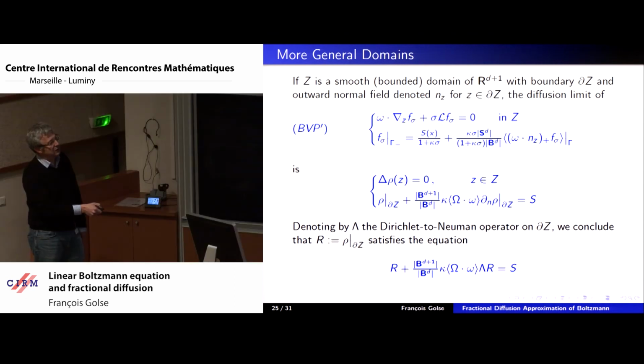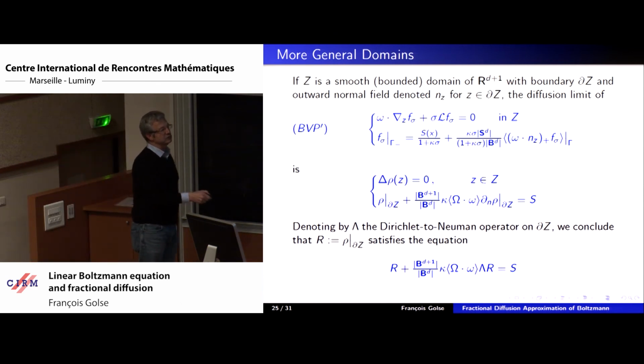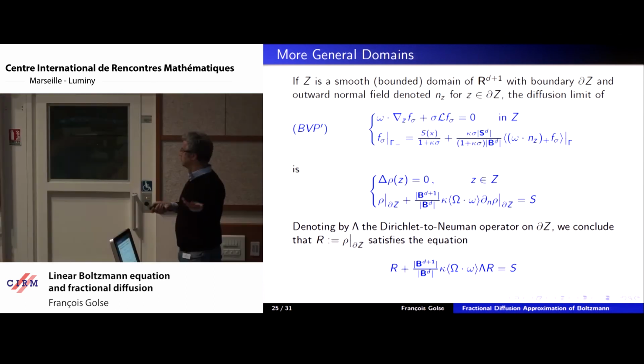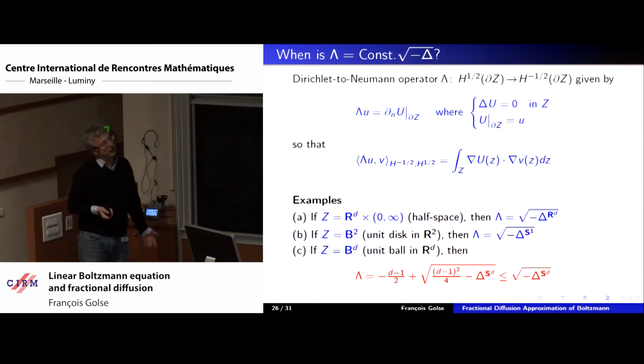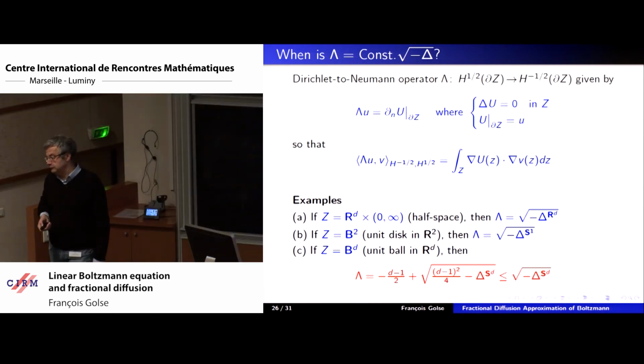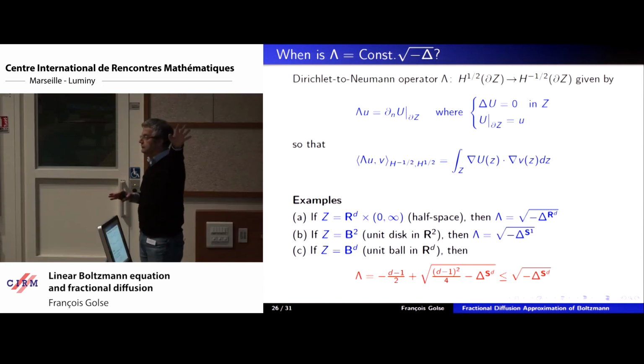So you have R plus some constant, the same omega as before, times the Dirichlet to Neumann operator applied to R, which is equal to S. And this is the way the square root of the Laplacian appeared before, right? So this Dirichlet to Neumann operator, what do we know about it? We know it's an operator that maps H^(1/2) of the boundary of Z into H^(-1/2) of the boundary of Z. So certainly the square root of minus Laplacian, in terms of counting derivatives, fits in that picture, right?